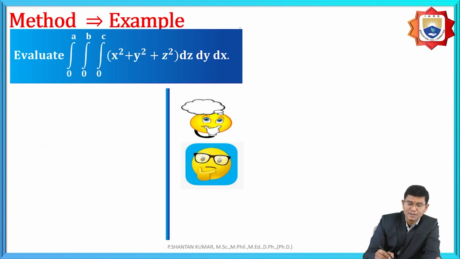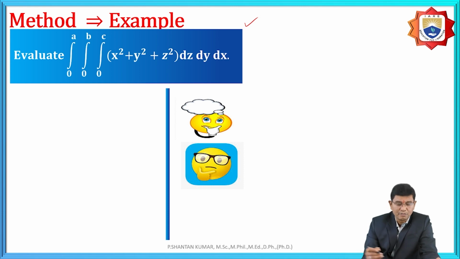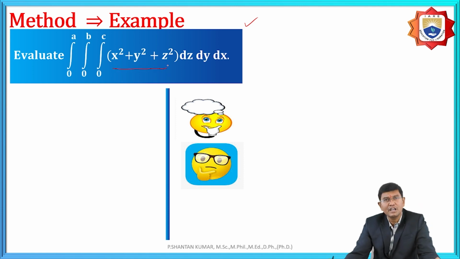Now we need to discuss the integration from 0 to a, 0 to b and 0 to c of x square plus y square plus z square dz dy dx. While we observe, the problem is clearly a triple integration with respect to x, y, z, and the limits are constants.